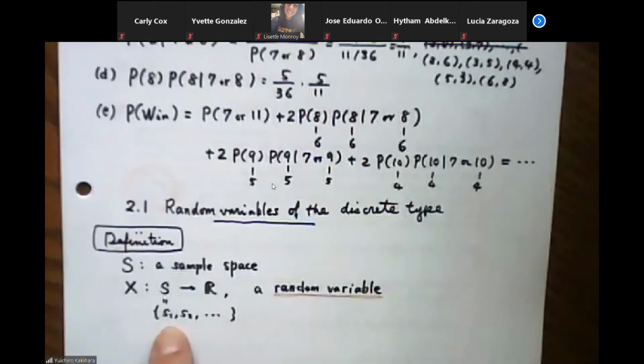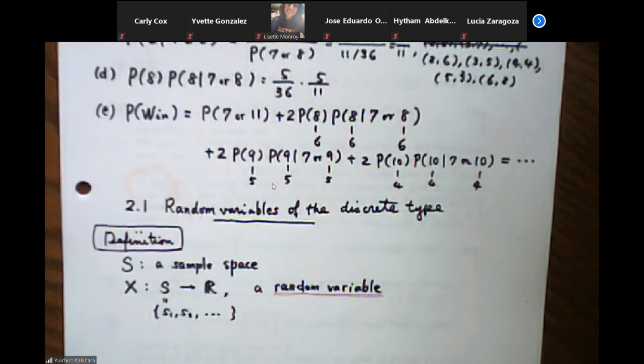If S1 is given, then X of S1 is defined, and that gives you some real number. X of S2 is some real number, of course. But the point is that if you do an experiment, one of the outcomes will come, but we don't know whether S1 comes or S2 comes or S3 comes. But we know the probability of S1 happening or S2 happening. So probability is involved in a random variable.